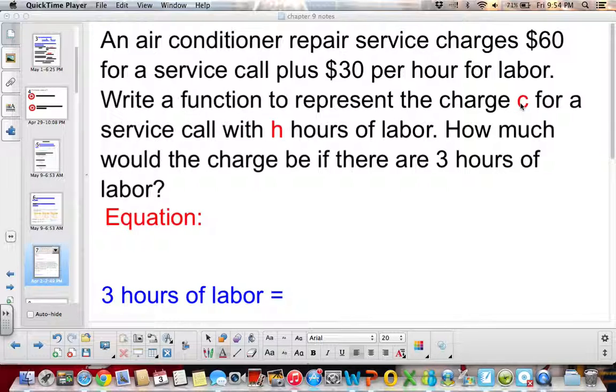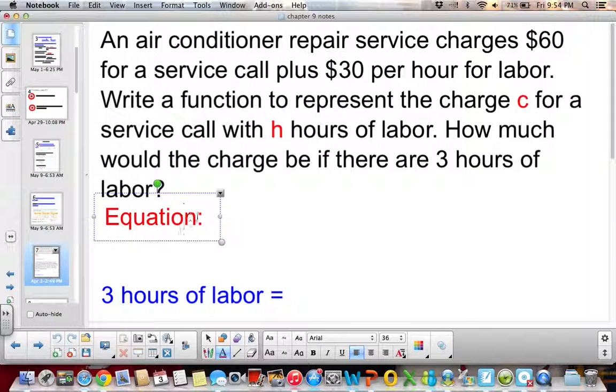So C, I'm going to rewrite this and call this a function instead of an equation. Actually, we are going to write it as C equals, so we're trying to find the charge.